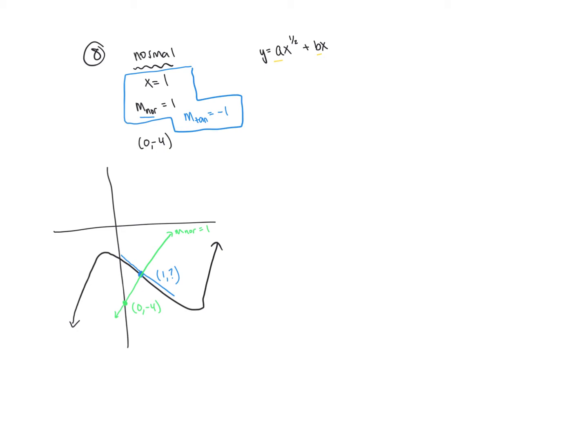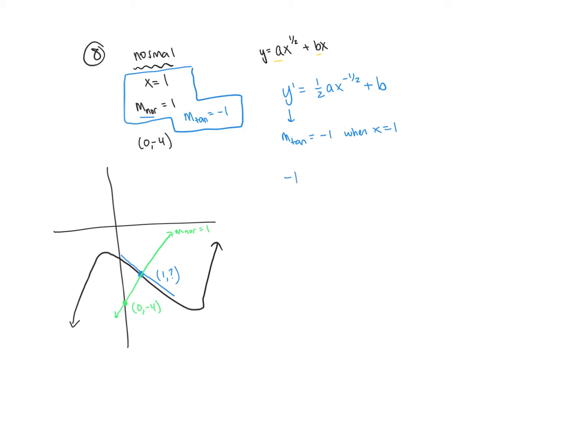So we can take the derivative. The derivative would be 1/2 a times x to the power of -1/2 plus b. This is the slope of the tangent. The slope of the tangent is -1 when x is 1, so I'm going to plug in -1 for y prime when x is 1.